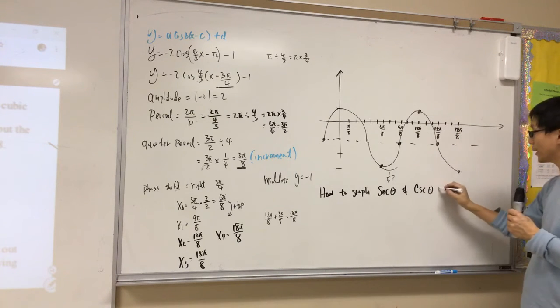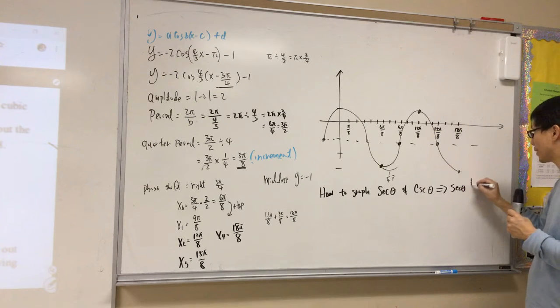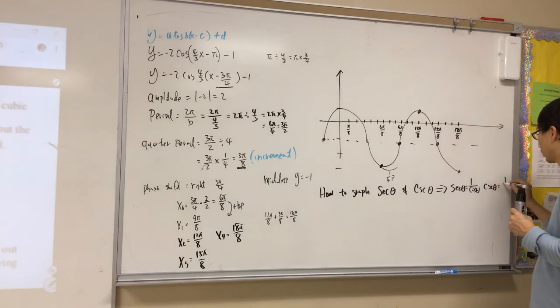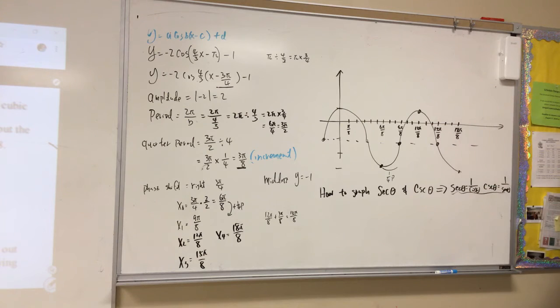But we're going to make sure we understand this. Secant of theta is equal to 1 over cosine of theta, and the csc of theta is equal to 1 over sine of theta. If you understand those two identities, the graph is actually pretty easy. So let's look at how to graph it.